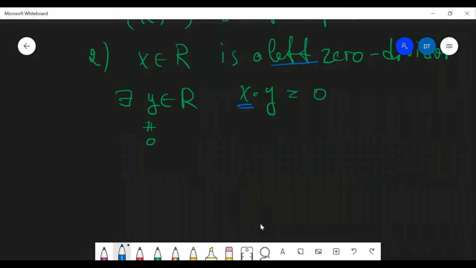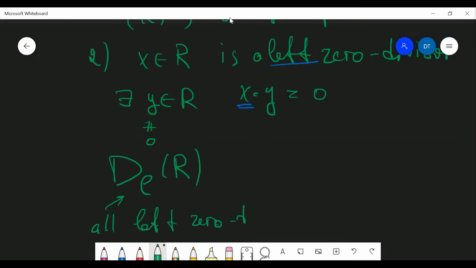Well, I believe you can do this without me, but I want to fix a notation. So the set of all left zero divisors will be denoted like this. This is the set of all left zero divisors. And D_r of R is the set of right zero divisors.